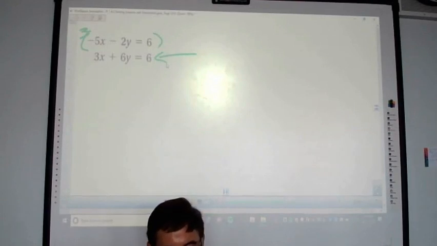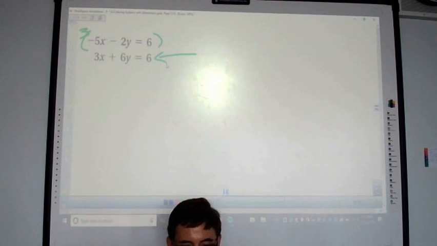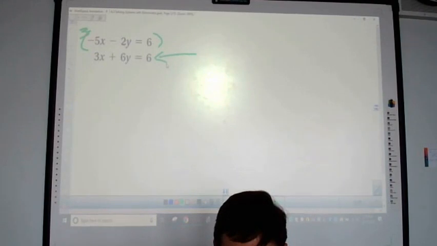Right, so you're getting rid of y's. You're going to plug into the bottom equation once you solve. You should see the Jamboard appear in the chat.